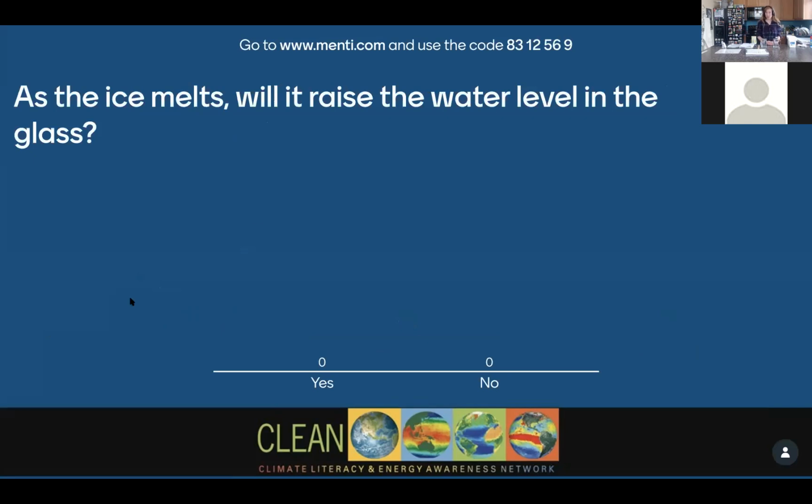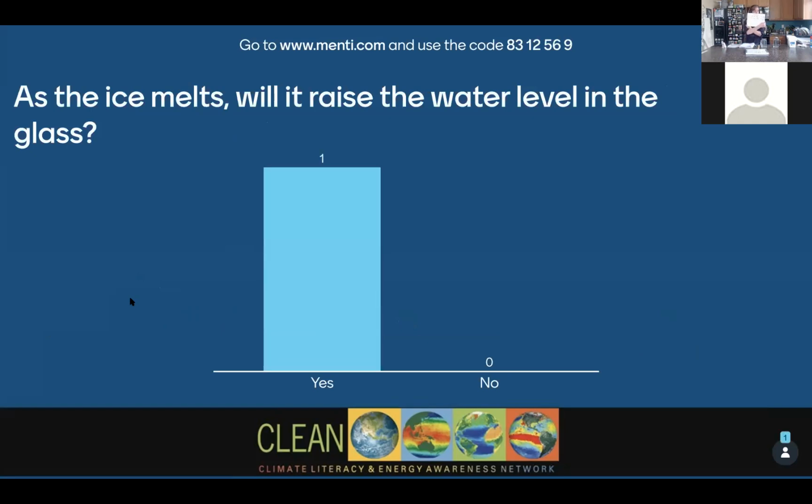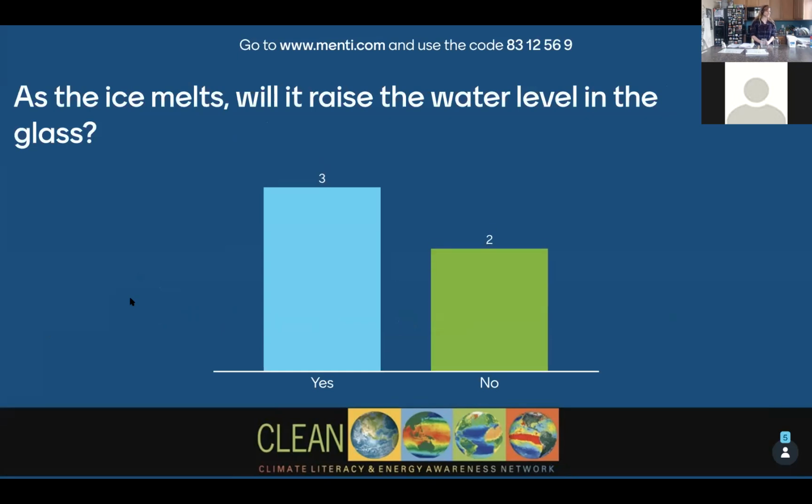As it melts, is it going to raise the water level? We have our initial measurements, so we'll be able to test this as the experiment goes on. Yes, everyone says yes. Oh, there's a few people saying no. Oh, it's tied. Oh, we'll just have to see. Luckily, we will find out by the end of this lesson. You will know the answer.